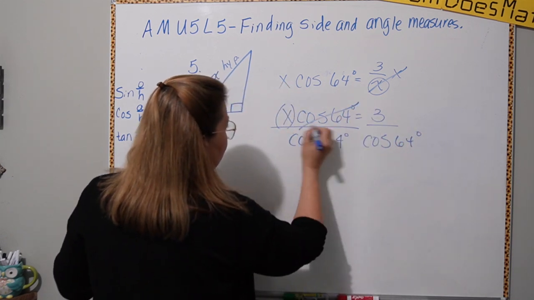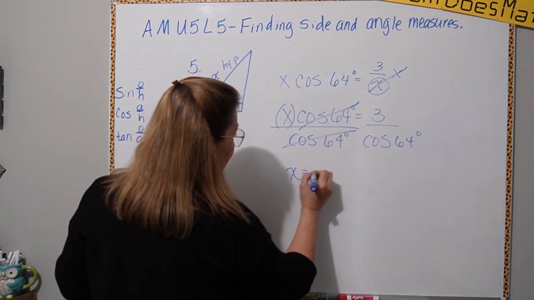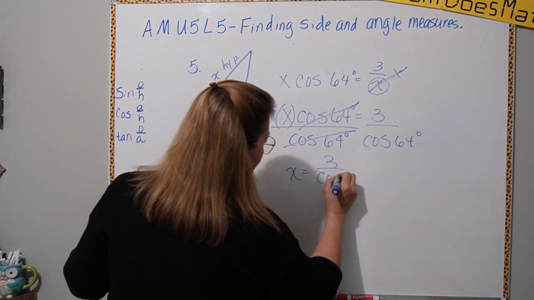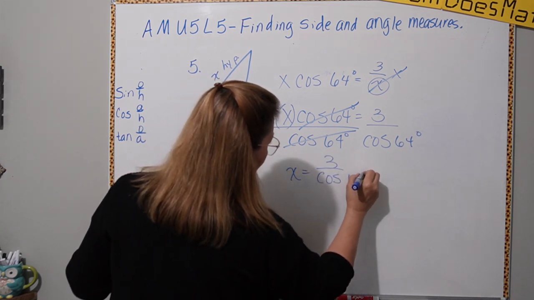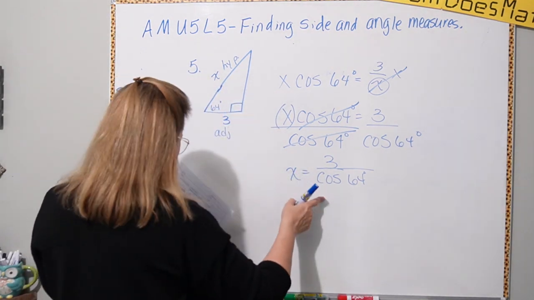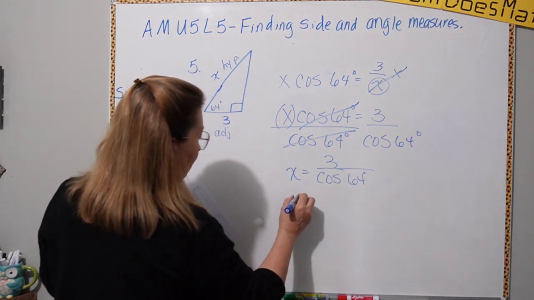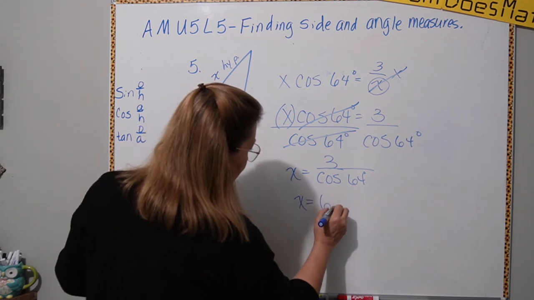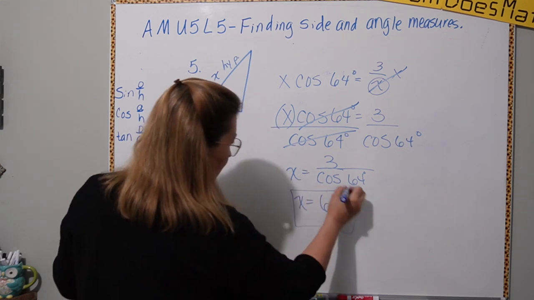These two cancel out, so I have x equals 3 over cosine 64. And on the calculator, 3, fraction button, cosine 64 is going to let you know that x is equal to 6.8.